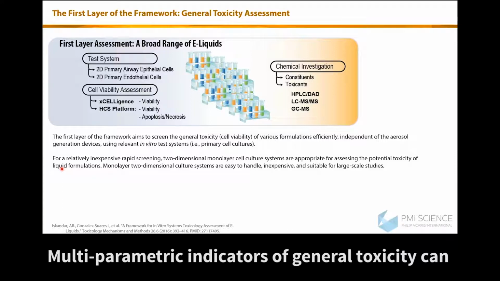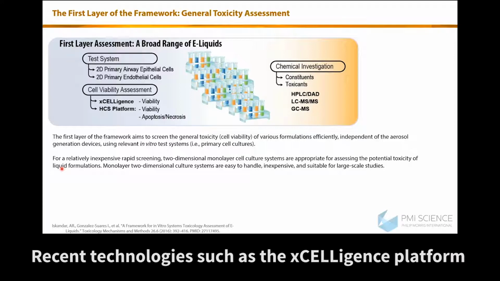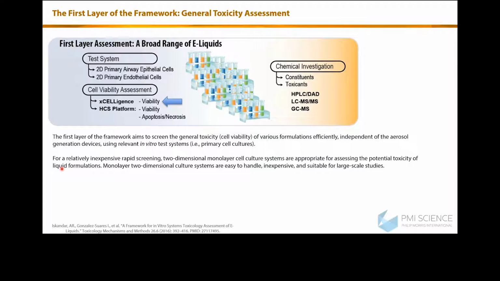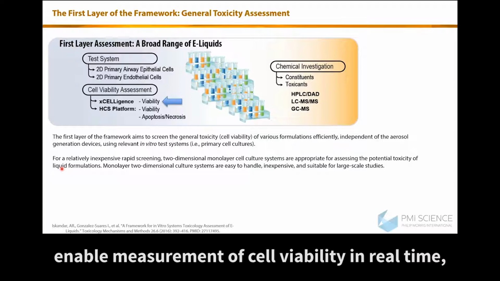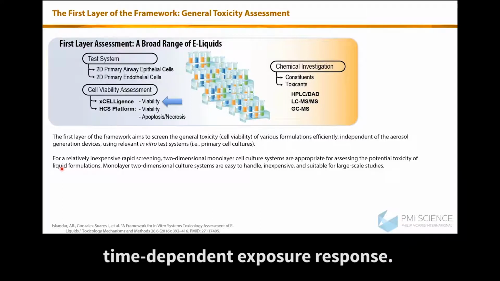Multi-parametric indicators of general toxicity can benefit from real-time cellular analysis and HCS assays. Recent technologies such as the Inhalation platform enable measurement of cell viability in real time, allowing a simultaneous monitoring of the time-dependent exposure response.